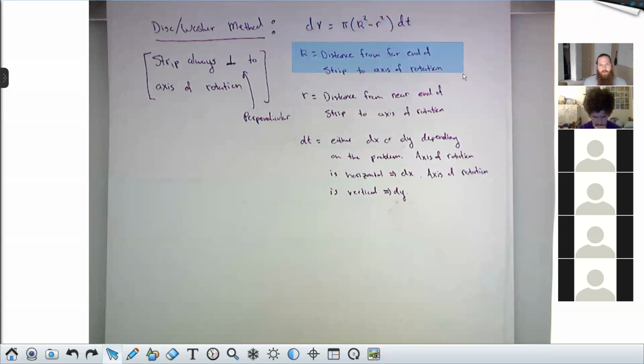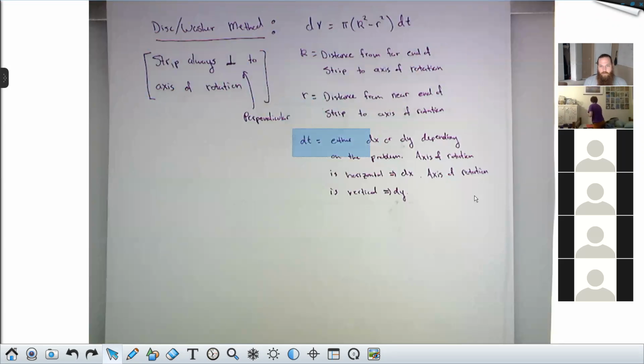R, big R, is always the distance from the far end of the strip to the axis of rotation. I don't care whether that's horizontal or vertical, just look at the furthest end of the strip to the axis of rotation, that's big R. Little r is always the distance from the near end of the strip to the axis of rotation, and that strip should always be drawn perpendicular to the axis.